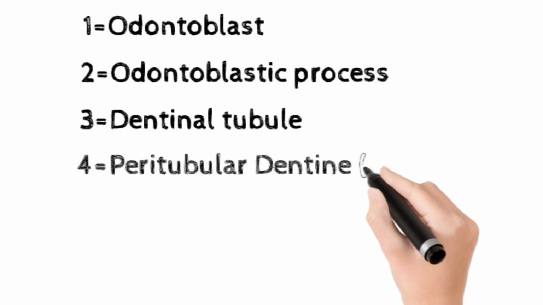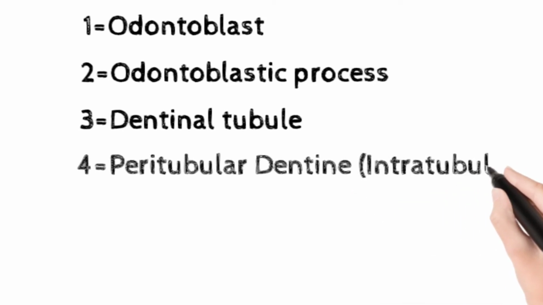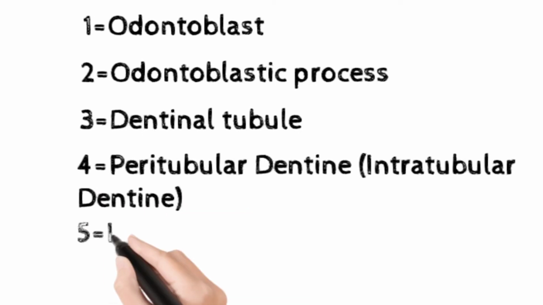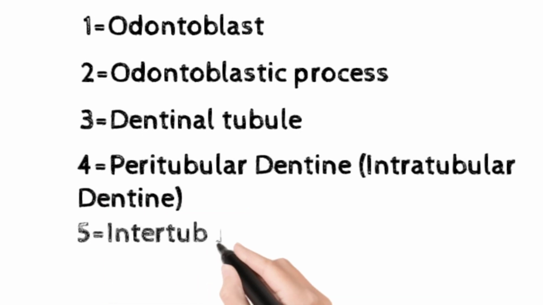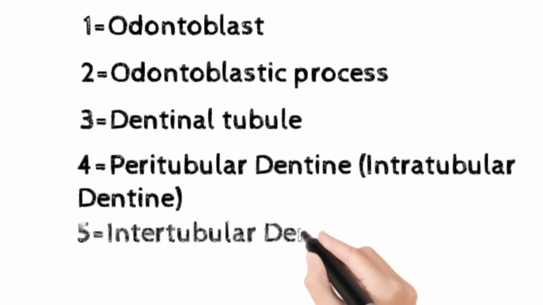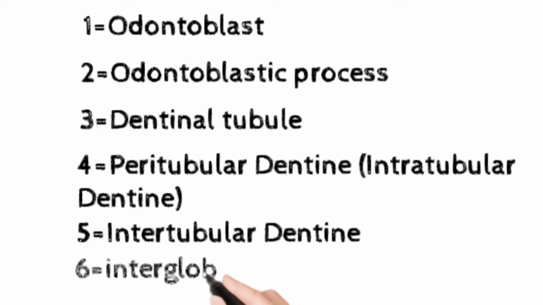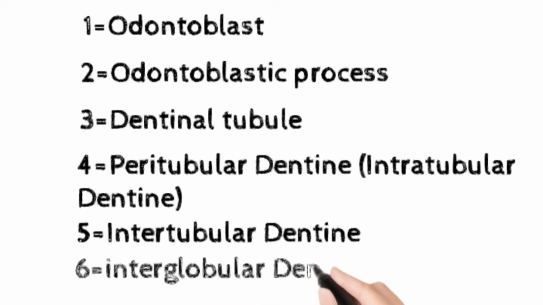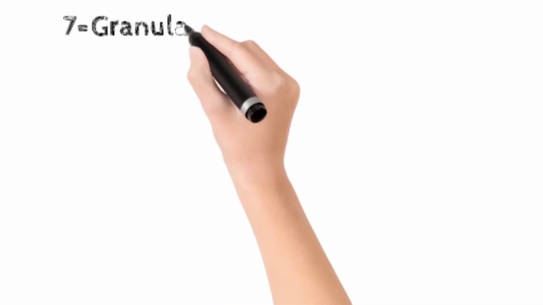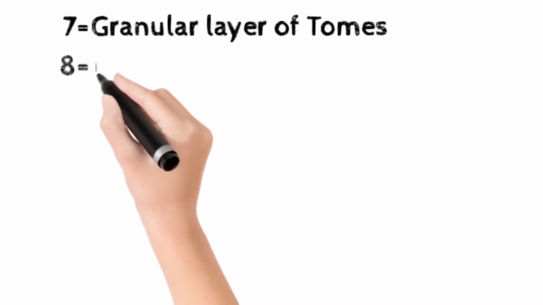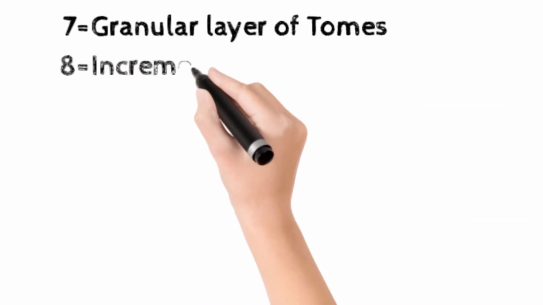Third, we will study in detail about dentinal tubule. Then we will study about peritubular dentine or intratubular dentine. And next is the intertubular dentine. And next we will study about interglobular dentine. And on 7th rank we will study the granular layer of Tomes.